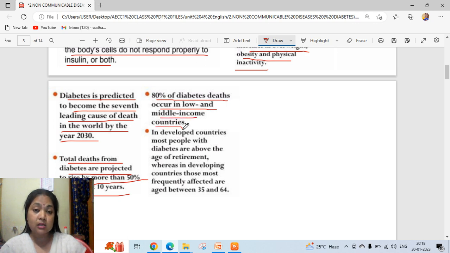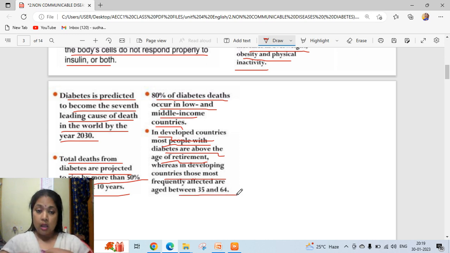As you know, we have different types of countries according to the income source. It is observed that in low and middle income countries, 80% of diabetes deaths occur. In developed countries, most people with diabetes are above the age of retirement, whereas in developing countries, those most frequently affected are aged between 35 and 64.